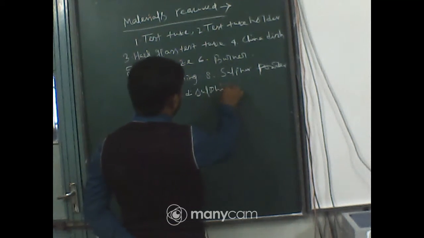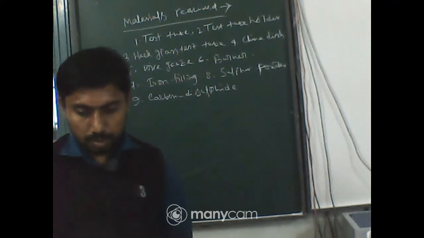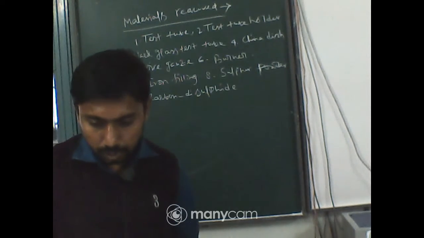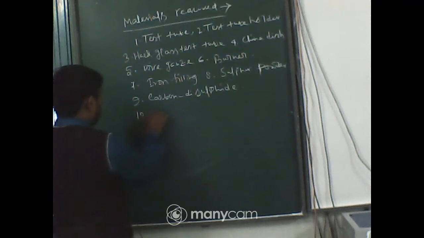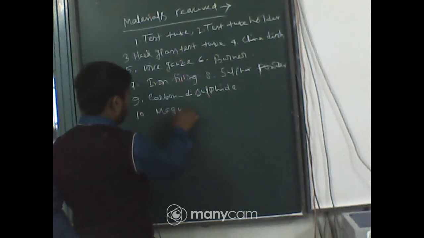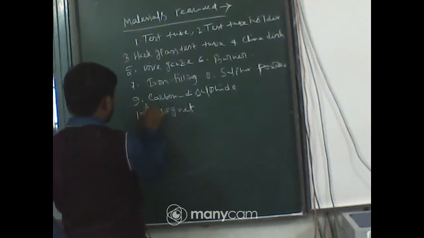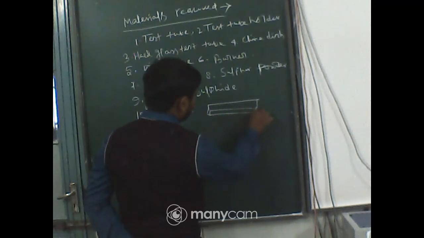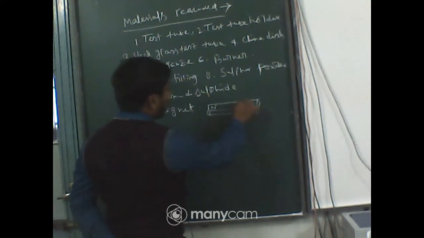Okay, so these are the materials required. Magnet: you can also write the bar magnet, just looking like that. This is the bar magnet.